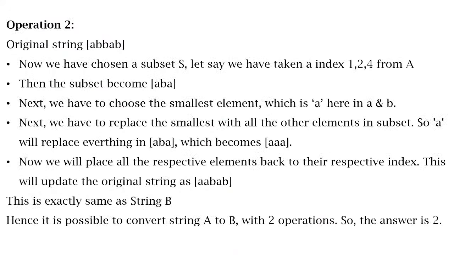In the second operation, again select a substring A, B, A. It will be replaced with the smallest element A, so it becomes A, A, A. Replace these back into the original string, and it becomes A, B, A, B, which is the same as B. So in the second operation, we have finished. That's why the number of operations required is 2. So the answer is 2.